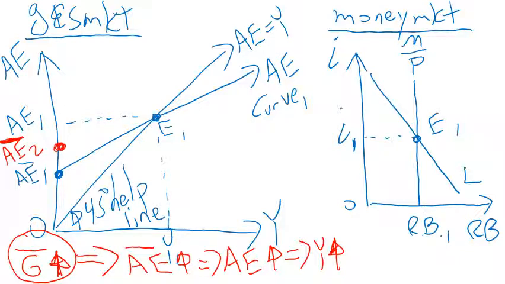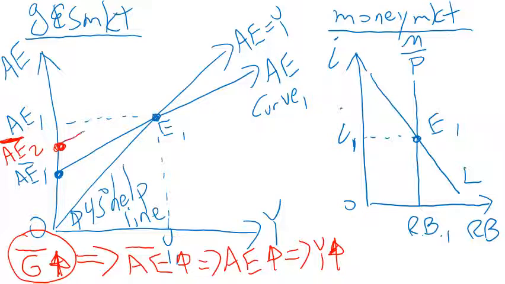MPC has not changed. T has not changed. Neither has MPI. In other words, the slope of the aggregate expenditure curve has not changed.